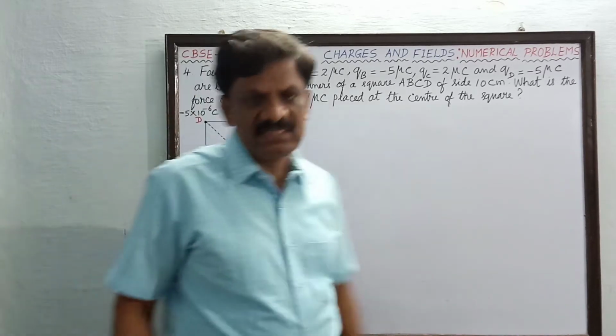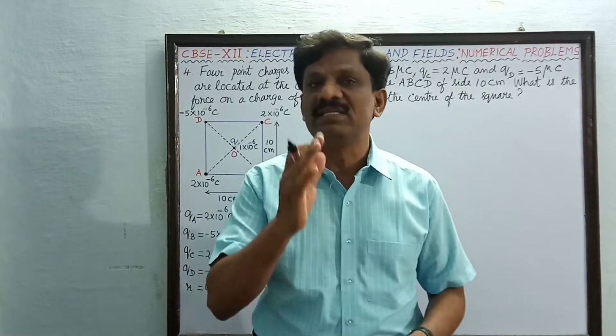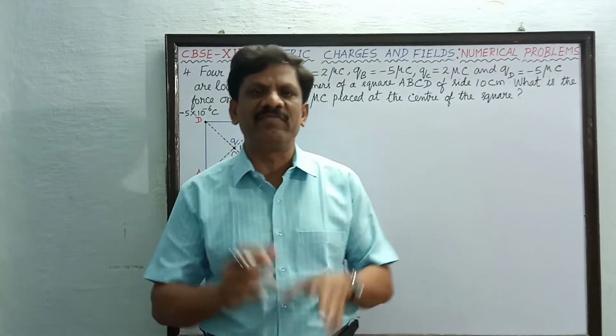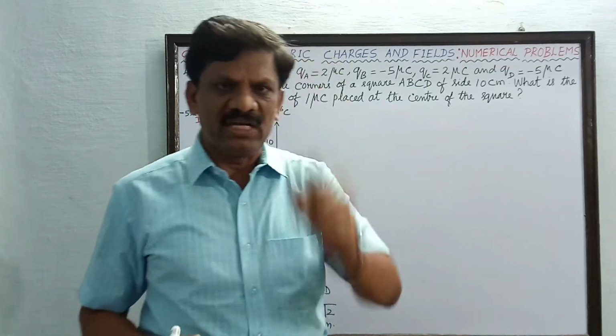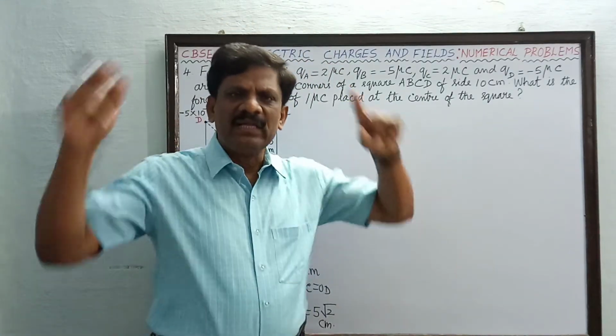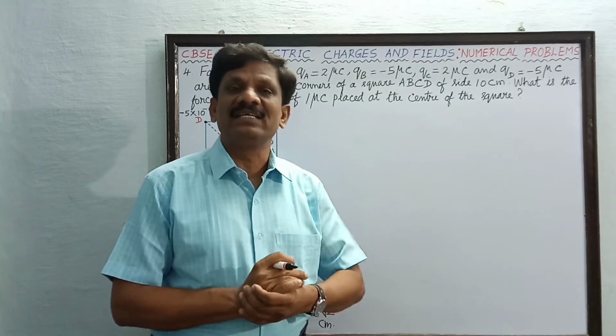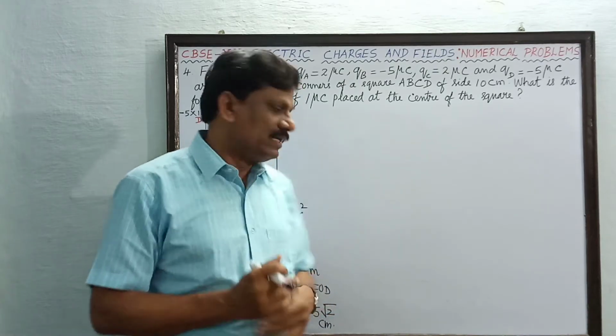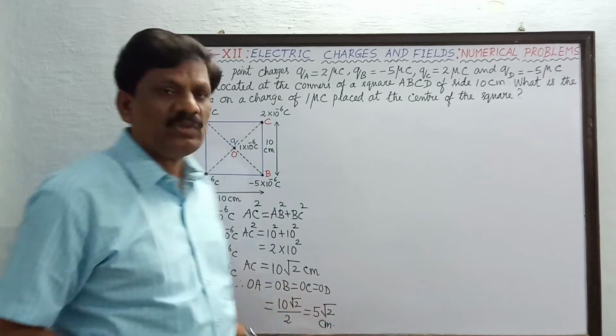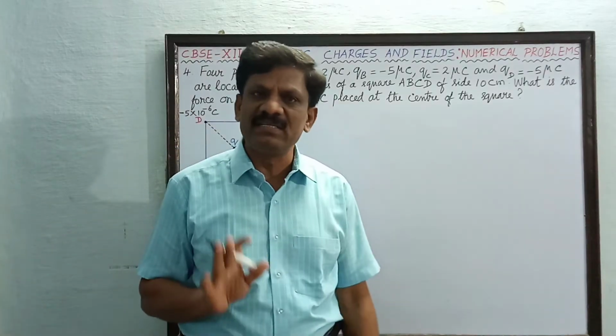So this is the first step of understanding how to do this in the CBSE board examination. We have to find the distance of the charge at the center from the corners A, B, C and D. All distances from the center will be equal, and that is 5 root 2 centimeter. Have you understood this first?